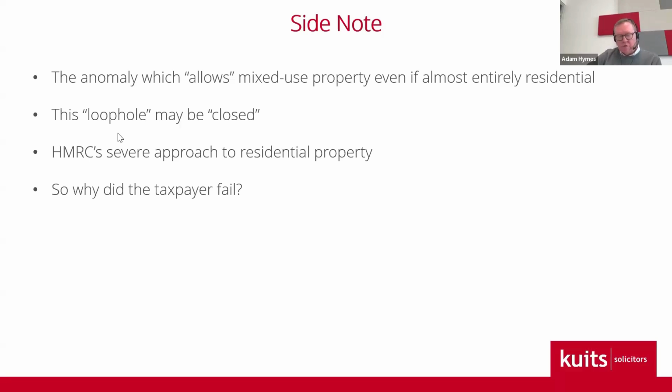And the logical approach, you might imagine, would be to require the taxpayer to make a reasonable apportionment between the residential and commercial elements and pay tax on those respective parts. But that's not happened.